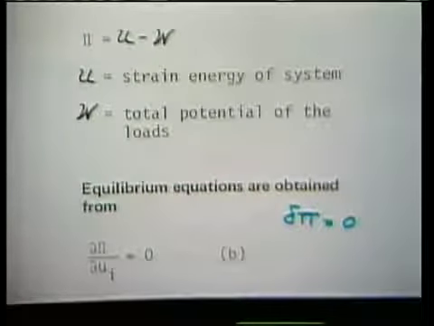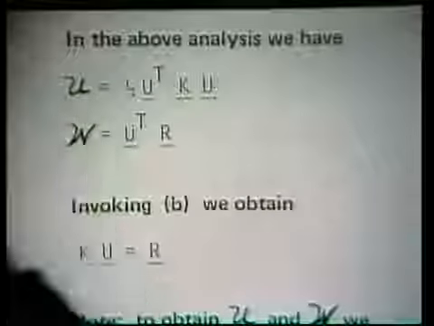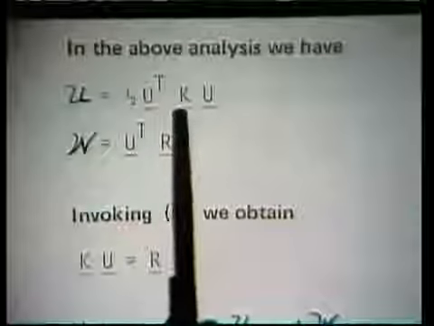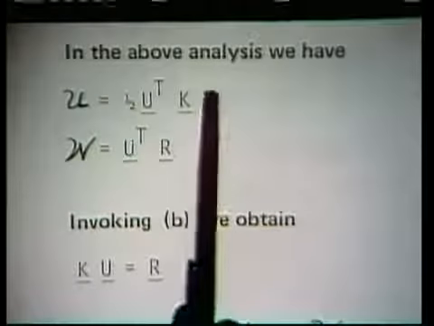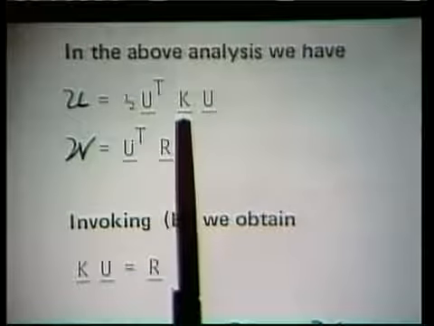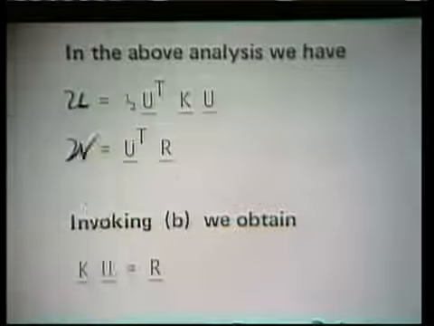And these three equations are obtained as follows. If we use U, the strain energy of the system is given right here, 1/2 U transpose Ku. If you were to multiply this out, substituting for U and for K the values that I've given to you, you would find that this indeed is the strain energy in the system.